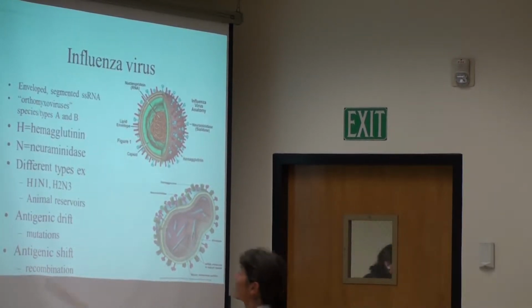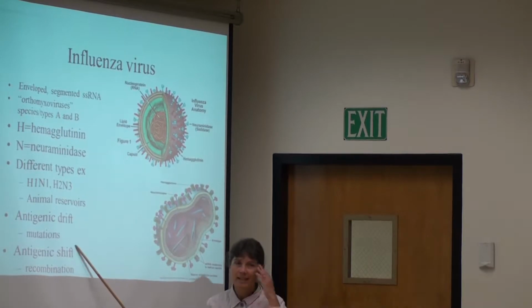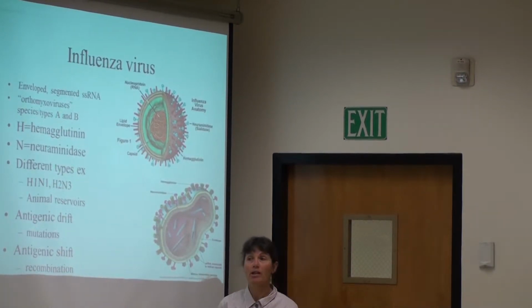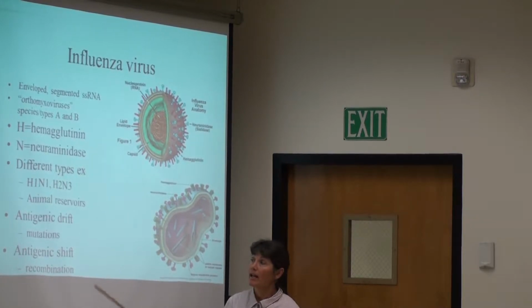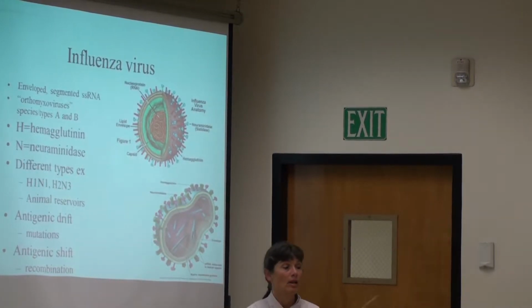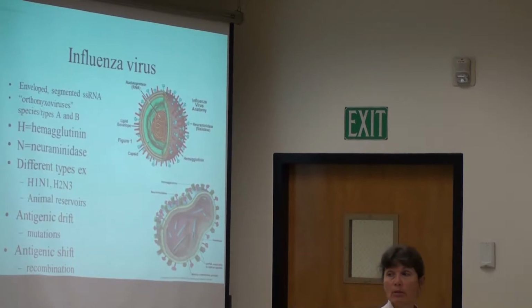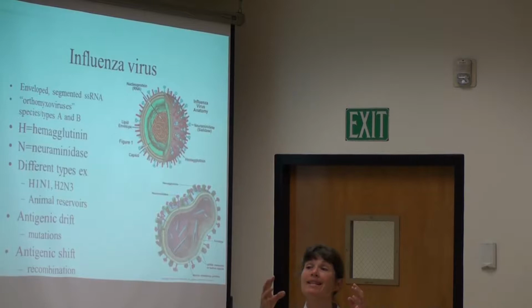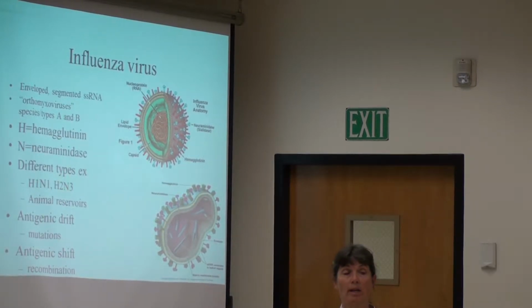Okay. Now, in contrast, this antigenic shift, this is kind of a new concept for us. Antigenic shift are huge changes in the H and N antigens. And antigenic shift is a result of two different influenza strains infecting the same host and infecting the same cell. It's just wild.